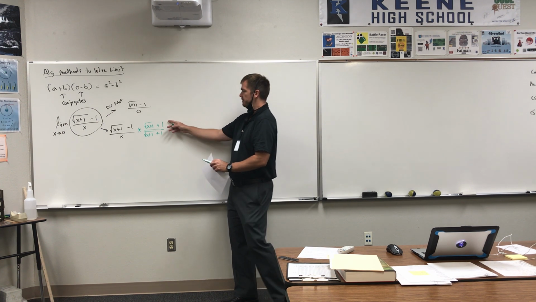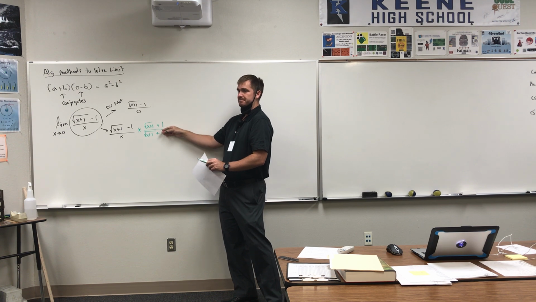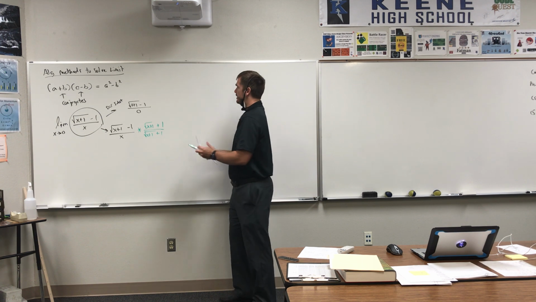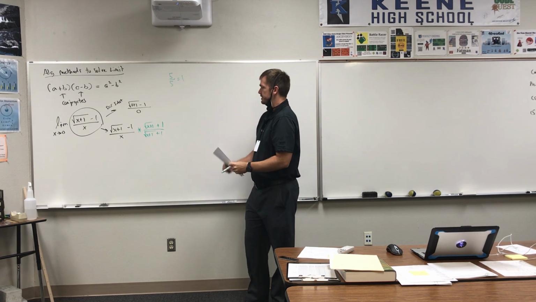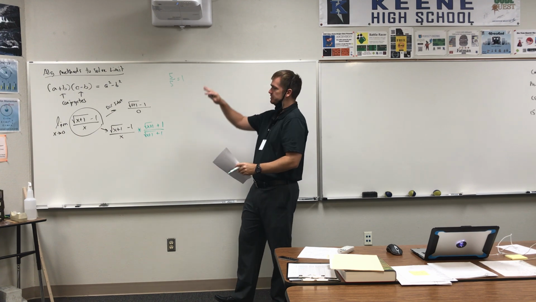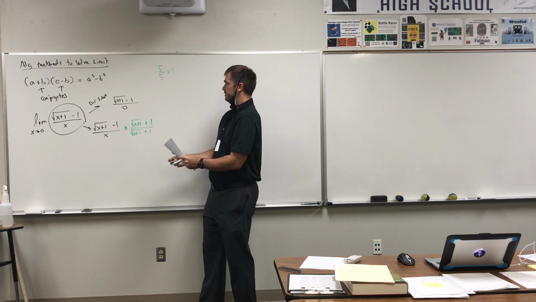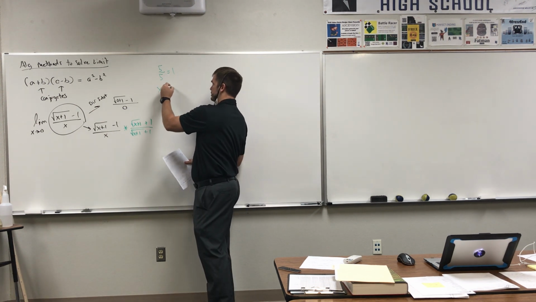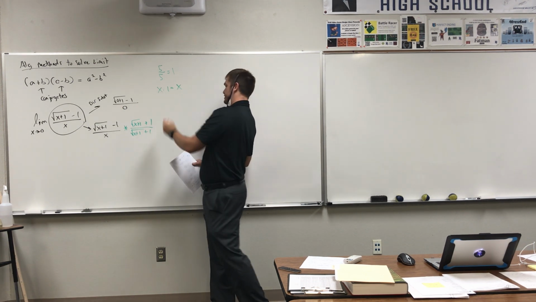Mitzi, do you remember that property? Anything divided by itself is? What is 5 divided by 5? 1. All right. So this is 1. Now, another recall moment. What is anything times 1? Itself. Okay.